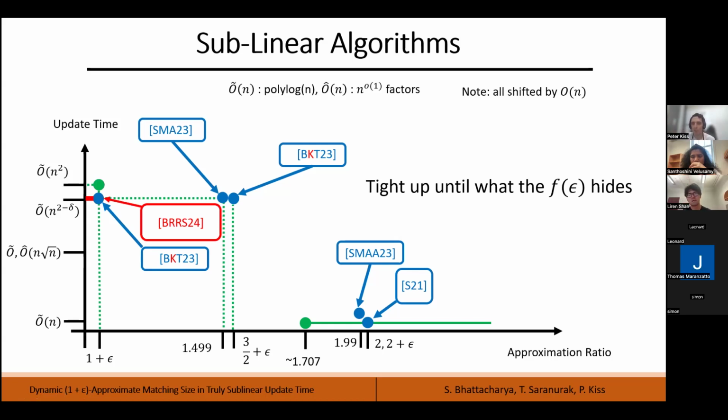It has shown that indeed you need at least n to the 2 minus a function of epsilon time. Now, there are gaps between these two functions. But up until what the dependency is on epsilon, this problem is mostly resolved. I think they also say this for the adjacency matrix queries. So for these queries, I'm not sure, but more or less resolved. So it's quite interesting that it happens so quickly.